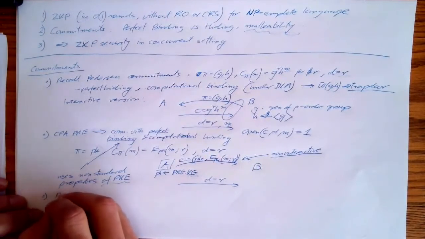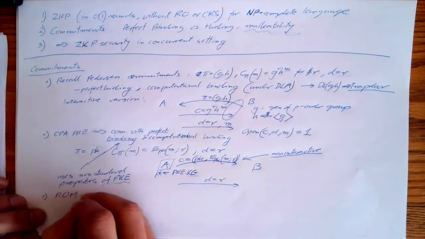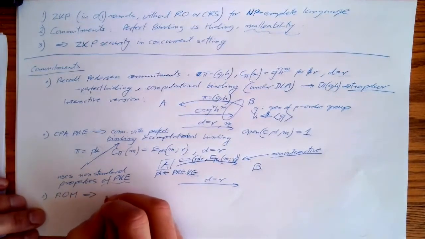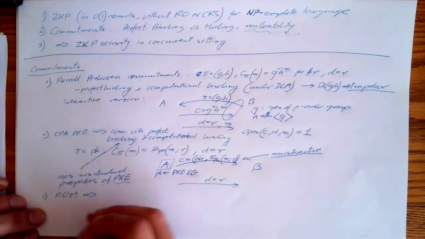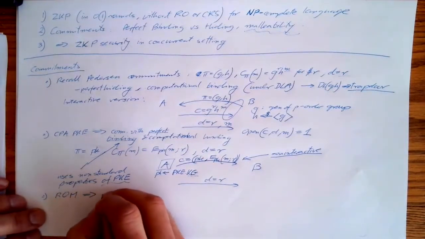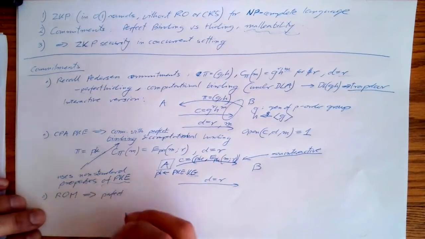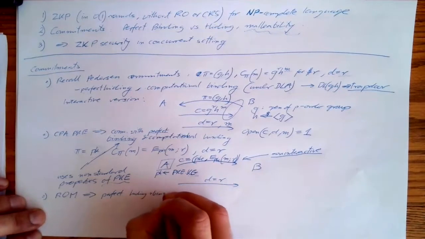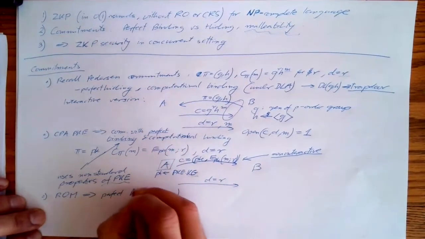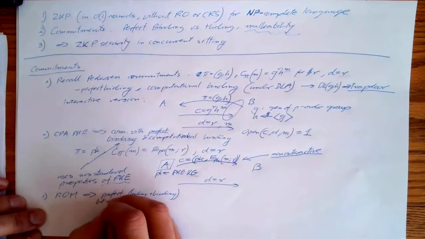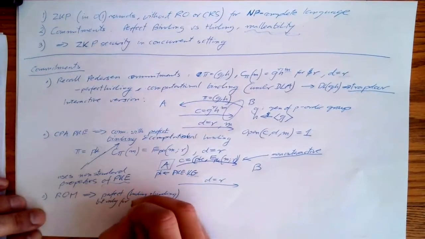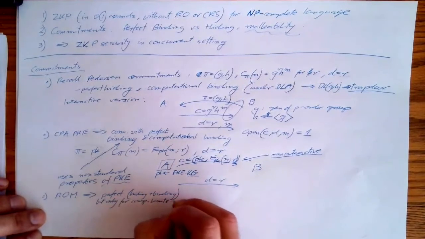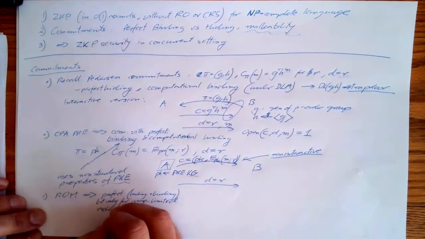It's that the random oracle model immediately gives you, well, a commitment. Is it computational? Is it perfect? So it's perfect hiding and binding in a way, but only for computationally limited adversaries.